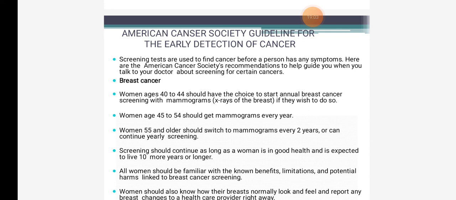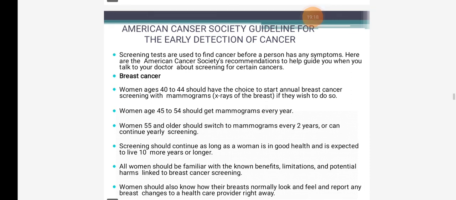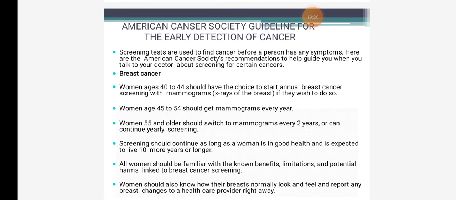Screening should continue as long as the woman is in good health and is expected to live 10 more years or longer. All women should be familiar with the known benefits, limitations and potential harms linked to breast cancer screening. Women should also know how their breasts normally look and feel and report any breast changes to a healthcare provider right away.